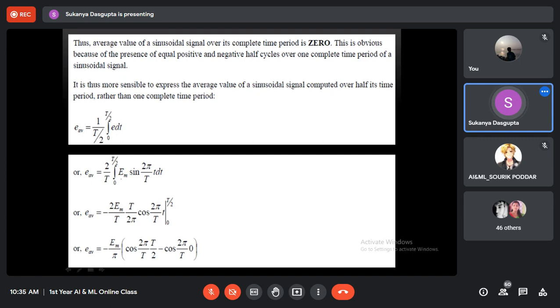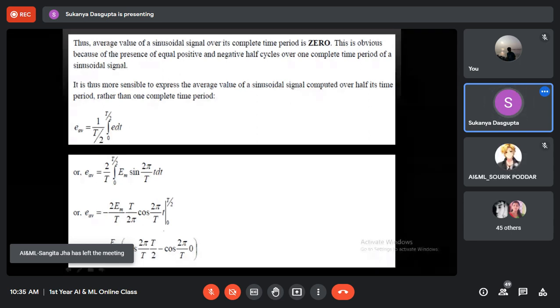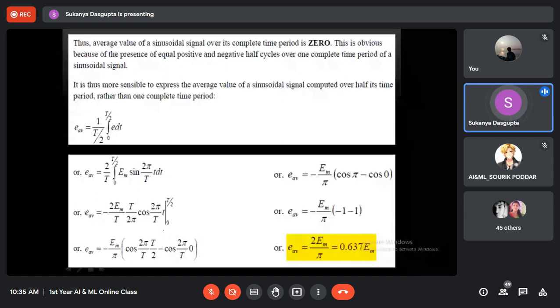With this expression, we'll get E average as minus Em by pi into cosine 2 pi into T by 2T minus cos 0. If you go through the further derivation, you will see that E average is 2Em by pi.